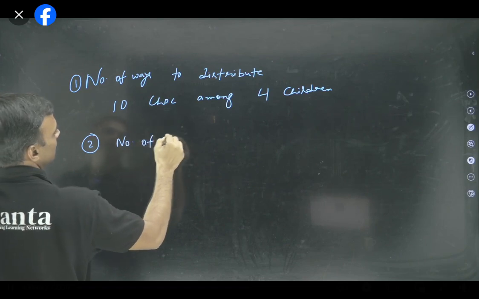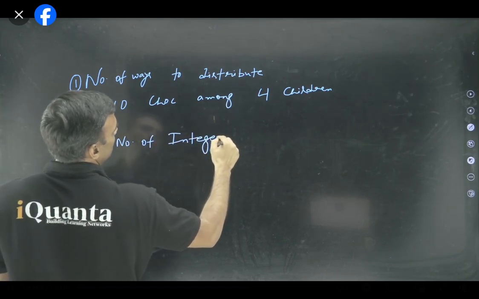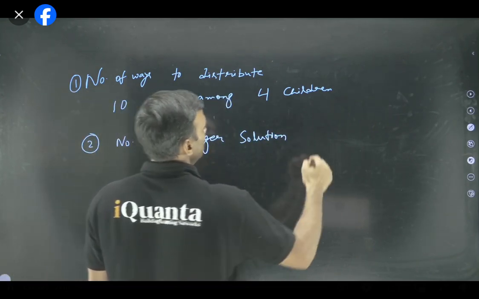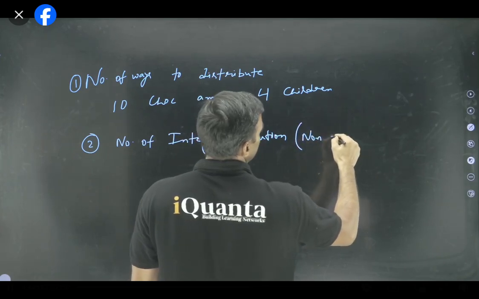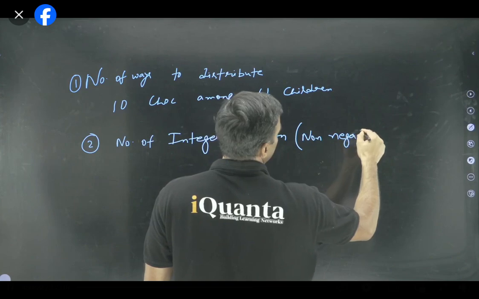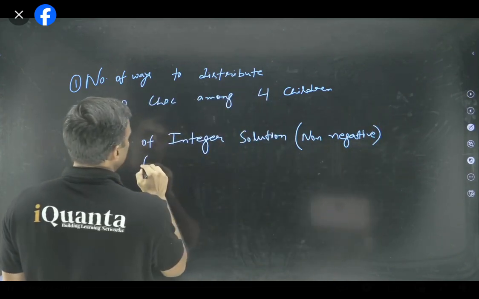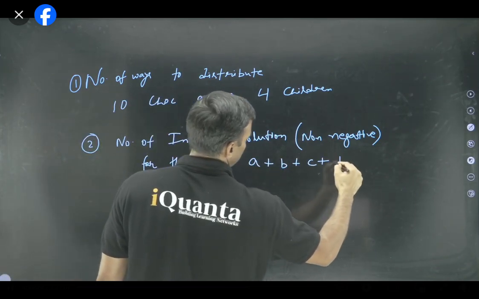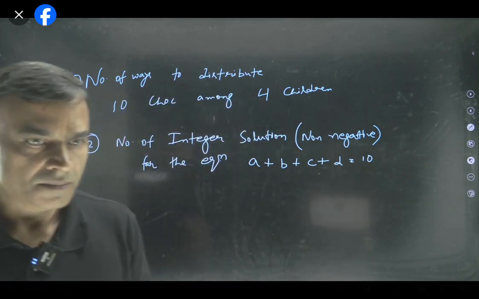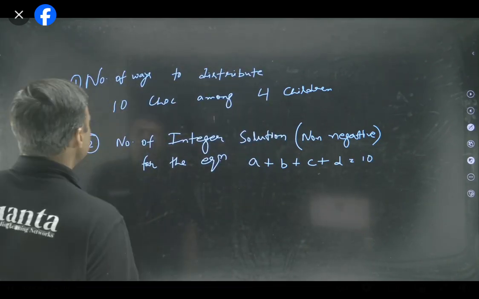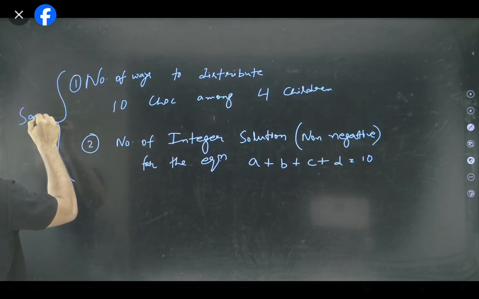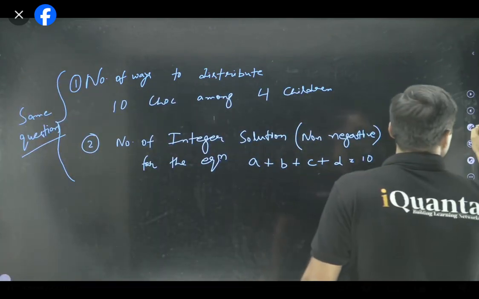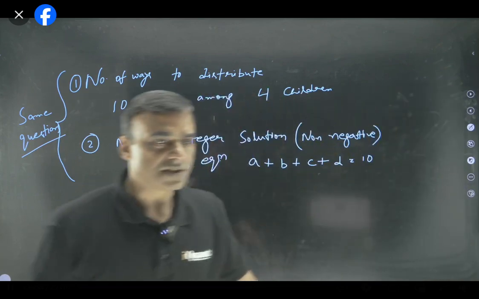Number of integer solutions, non-negative, for the equation A plus B plus C plus D is equal to 10. Yeah. First, you need to understand that both these questions are same questions.